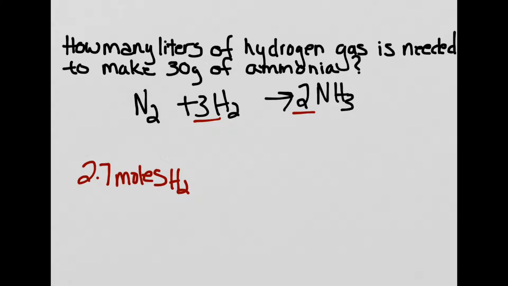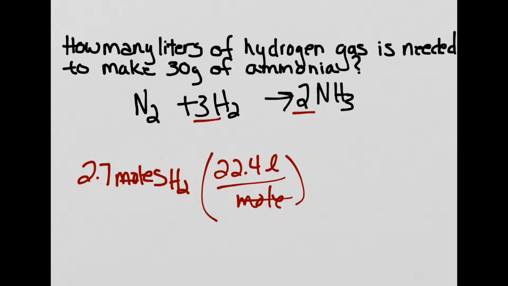So we have 2.7 moles of hydrogen gas, and we are going to multiply by 22.4 liters per mole. And our moles cancel out, and we get 60.48, or just 60 in sig figs, liters of hydrogen gas.